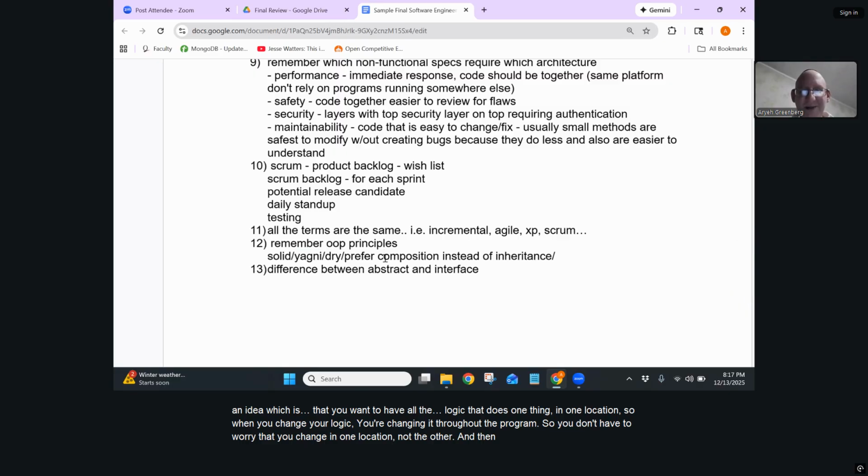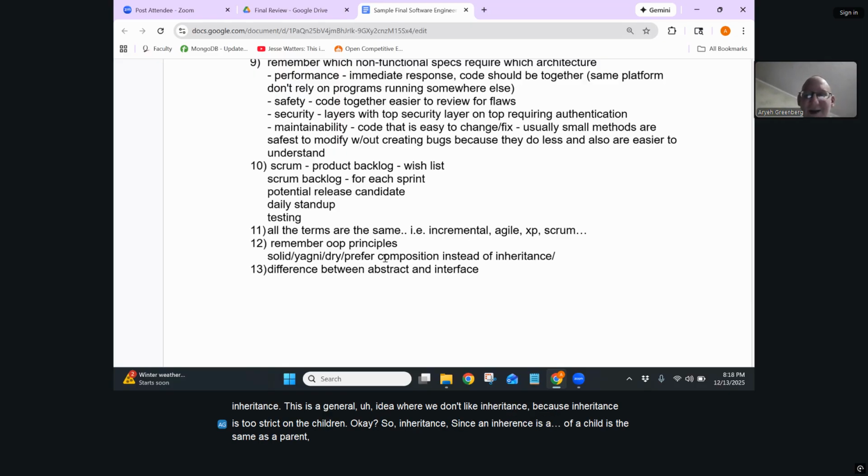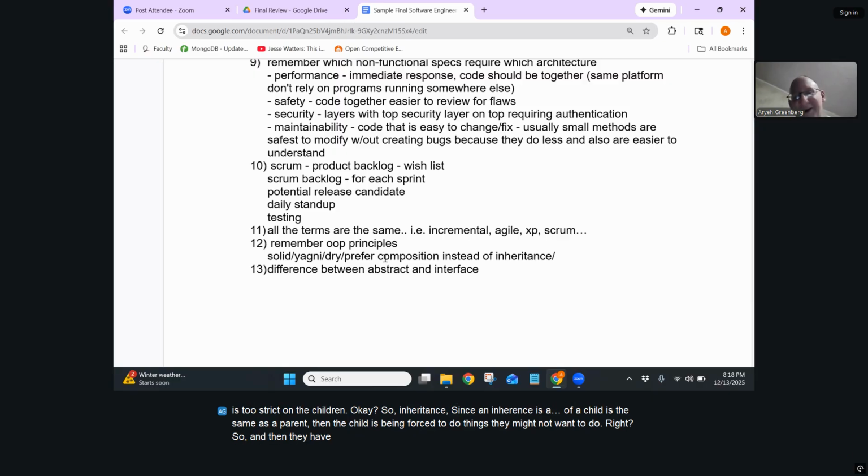And then prefer composition over inheritance. This is a general idea where we don't like inheritance because inheritance is too strict on the children. Since a child is the same as a parent, the child is forced to do things they might not want to do, and then they have to fight against it, and the code becomes very messy.